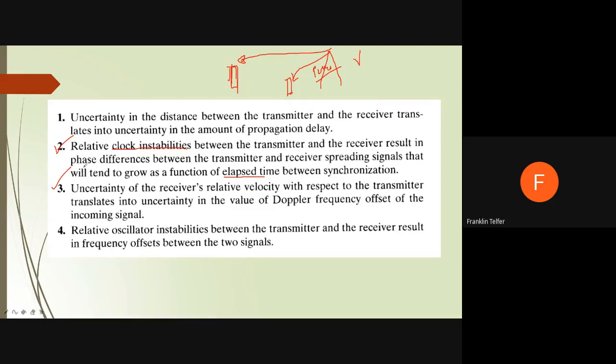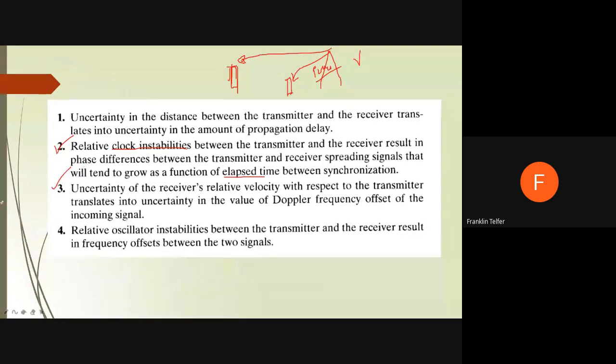The receiver doesn't have a proper correlation with this incoming Doppler signal, so the offset value tends to change. In that case, you have some uncertainty between the transmitter and receiver.